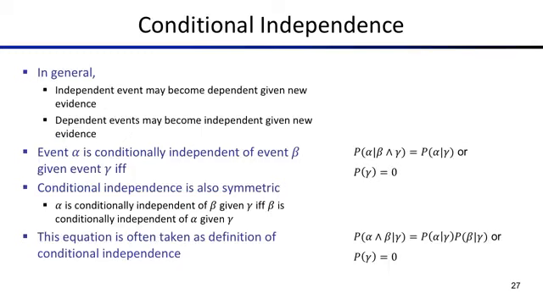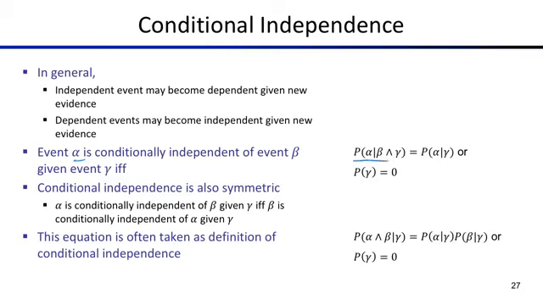So as we said, in general, if we have two independent events, they can become dependent if we have some new evidence. And at the same time, if we have two dependent events, they may become independent if we also have some new evidence. So let's look at what is the definition of conditionally independent events. An event alpha is conditionally independent of an event beta given an event gamma if and only if we have this property here.